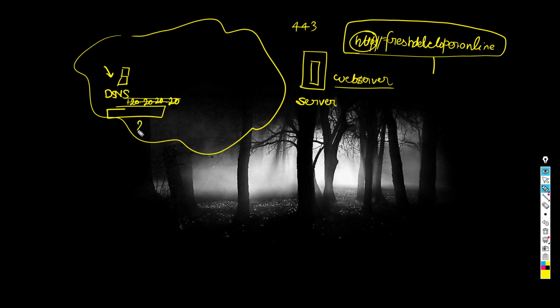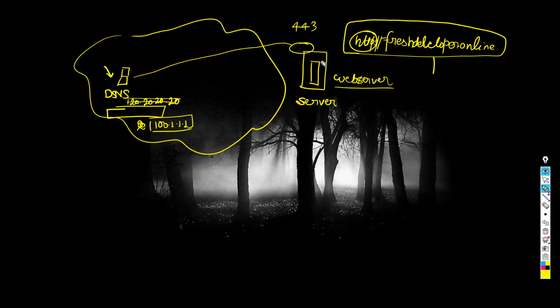Let's take something simple, 100.1.1.1. So this is the IP address of freshdeveloper.online, and this IP address will be of this web server. That's why you will reach here, right? Your request will go here. Otherwise, you will go somewhere else.